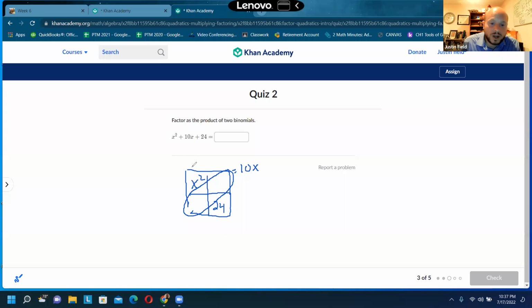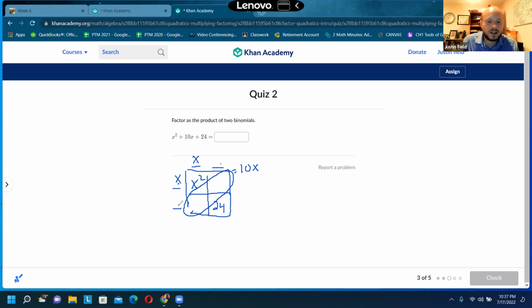And then what we want to do is solve the puzzle, figure out what would be on the top and the side. That process is called factoring. So let's talk about it. What would be here and here to make x squared in the first box? X times x is the only thing that makes x squared, so that has to be there.